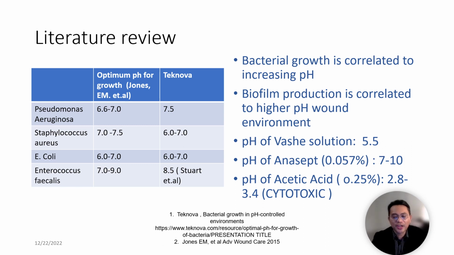Remember, when we're talking about the skin, 5.5 is the normal pH of the skin. So it is good, right? It mimics the normal acidity of the skin, and this is one of the reasons why I like this product. Now, with Anasept, the higher the pH you go, the more likely you allow the growth of bacteria.